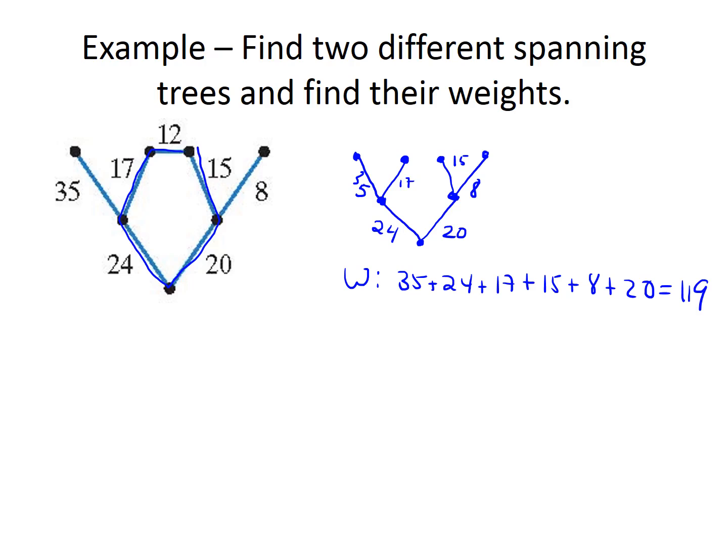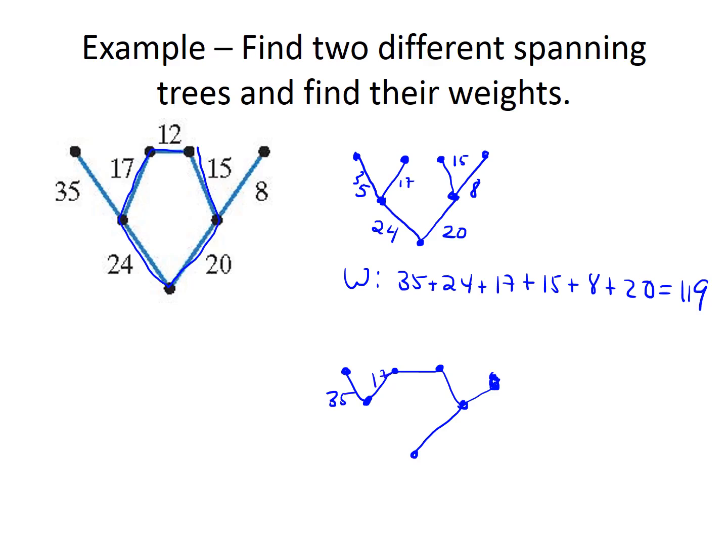And then let's draw a different one with the same vertices, but a different shape. So maybe we want to go here, here, here, here, here, here. Again, it has to be edges that already exist on the original graph, and all of those do.